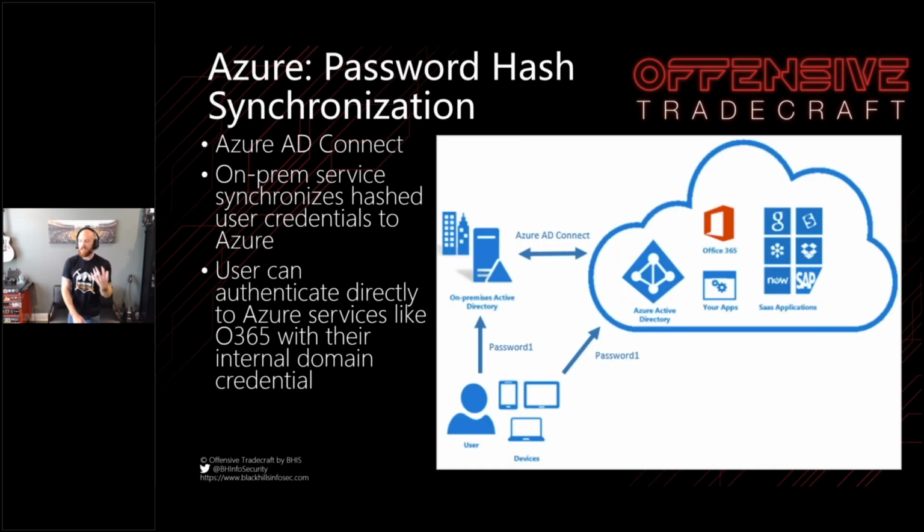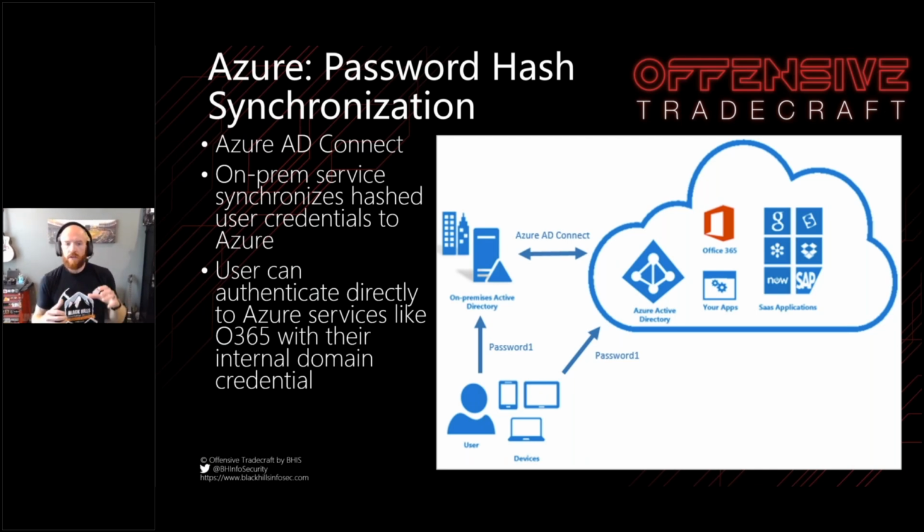Okay, so password hash synchronization. This is where all the credentials for your users are fully cloned into Azure. Every single user's credential is stored in Azure, and the way that happens is with the Azure AD Connect service.